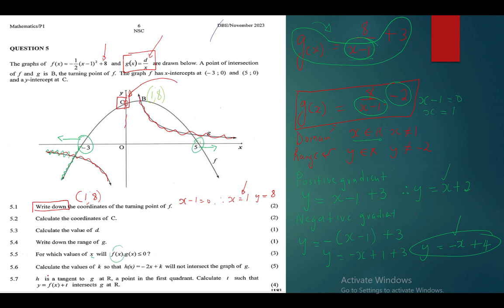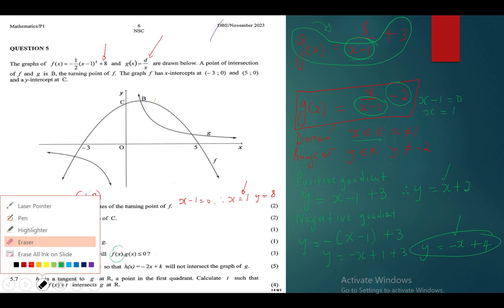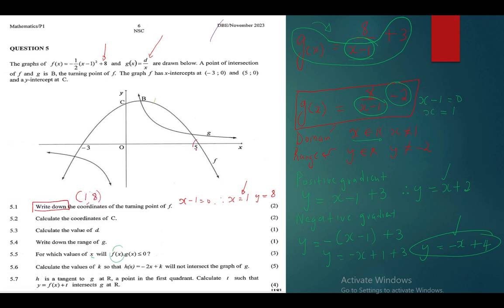Actually, let me do this. I know these are very tricky questions, so I want to try to explain it better. This is where x is 5. I want us to go to the right of this x being 5. Yes, this side.